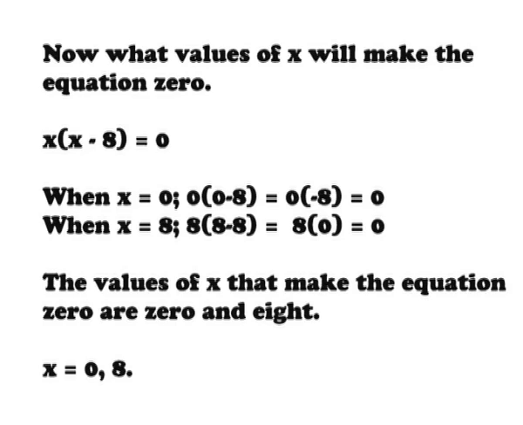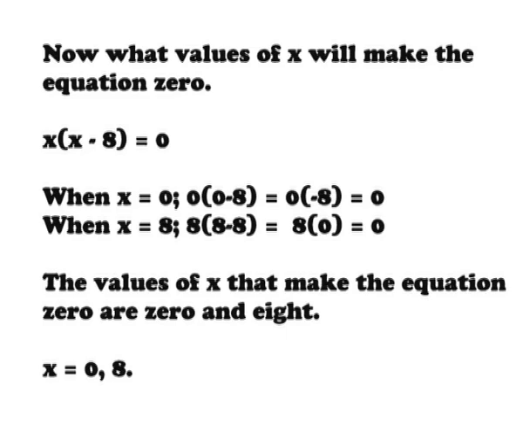Now that we've actually factorized out the x, it's now going to be very easy to find what values of x will make the whole equation 0. Let's take x to be 0. Substitute 0 into any position that there's an x. We end up with 0 times minus 8x, which is automatically 0.